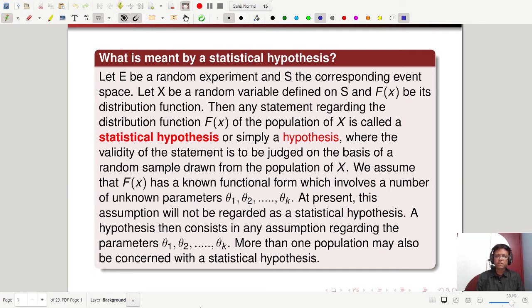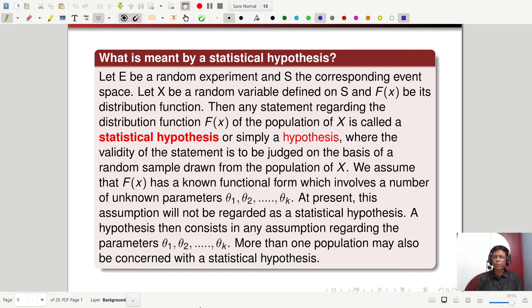So that means any assumption of any sort about the distribution function of the population, where the validity of the statement is to be judged on the basis of a random sample drawn from the population of X. So you have to judge the validity. We assume that X has a known functional form which involves a number of unknown parameters, theta 1, theta 2, etc., theta k.